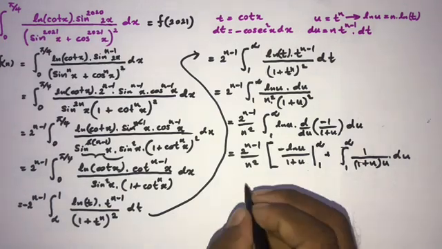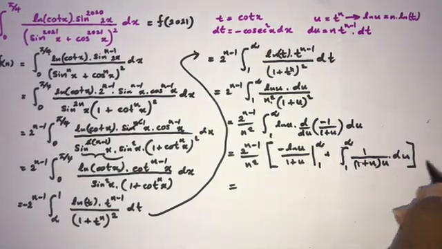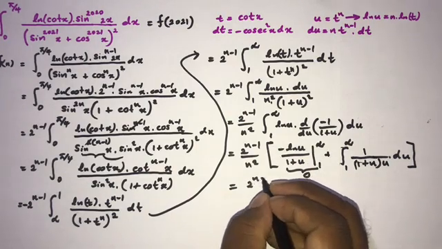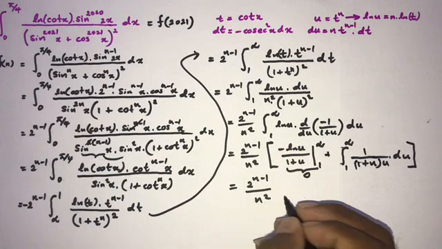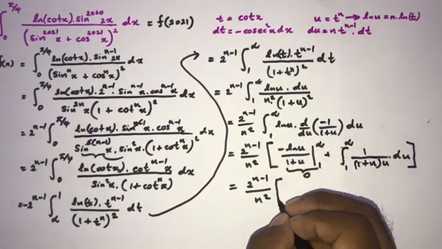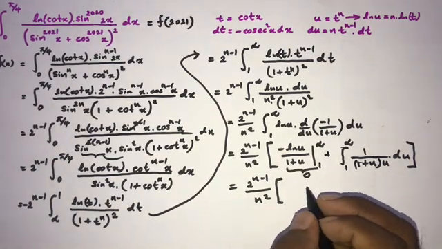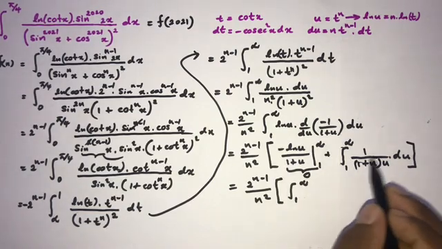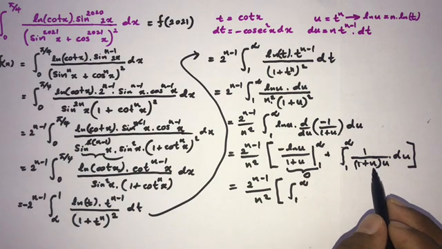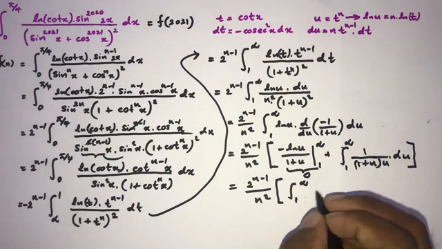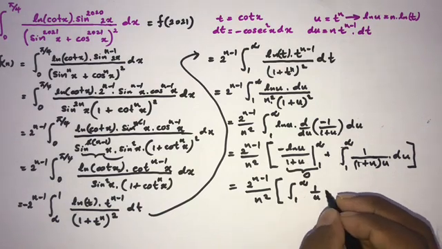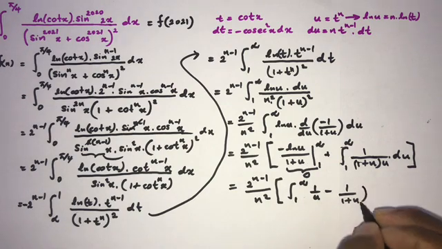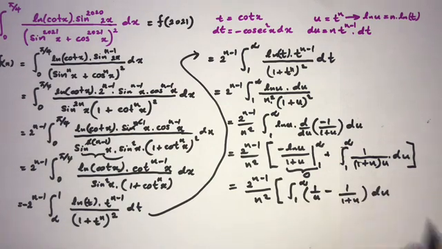Okay, then we know this is equal to 0. So here we have 2 to the n minus 1 over n square, parenthesis, integral from 1 to infinity. Now we can write this as a partial fraction, so 1 over u minus 1 over 1 plus u, here du.